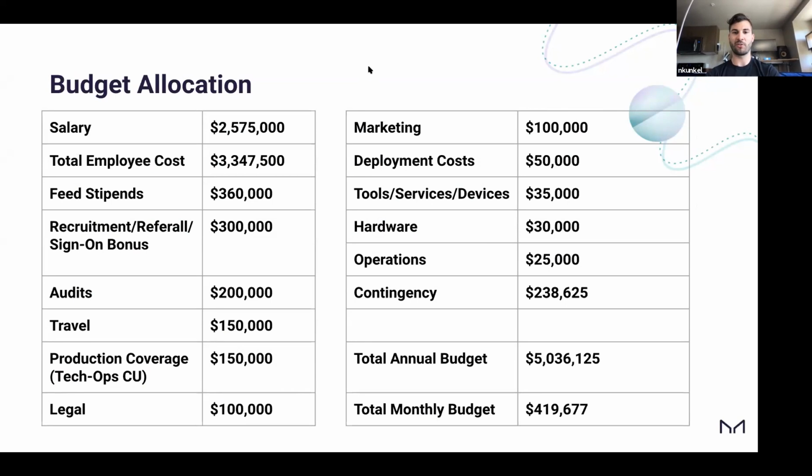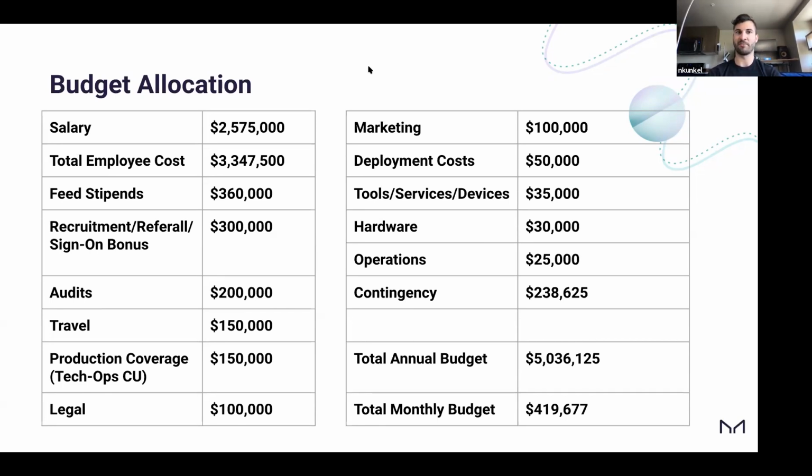So the total annual budget that we're looking for is just over 5 million. You can kind of see the cost breakdown here. This budget allocates for 15 and a half full-time employees, right? So 15 full-time employees and one part-time employee.